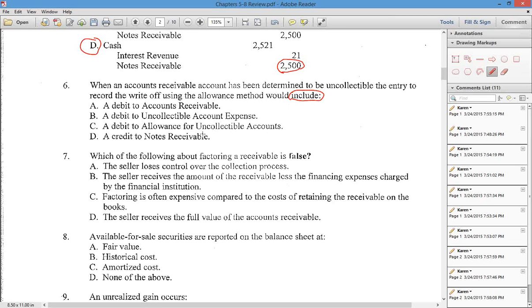Anytime it's giving you half of a journal entry, I think it's very beneficial, before I even try to choose my answer, to ask: how would I write that off? Do you know what the accounts would be? What would I debit to write off an uncollectible account receivable if I was using the allowance method? What would I debit?